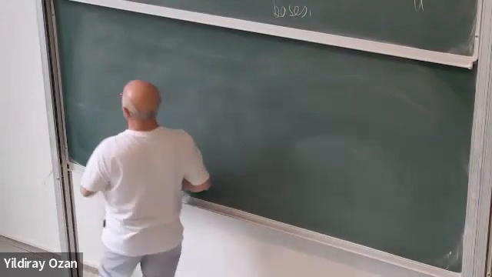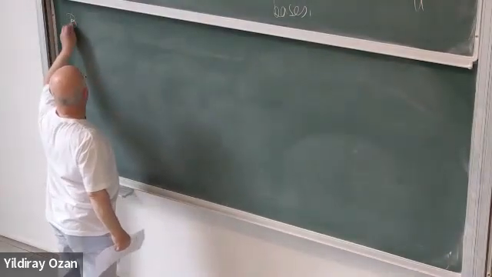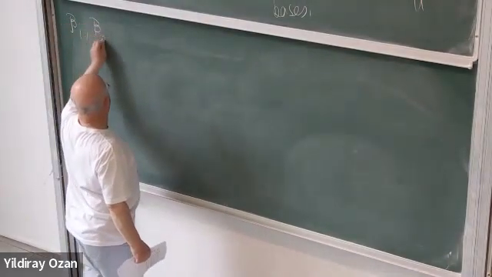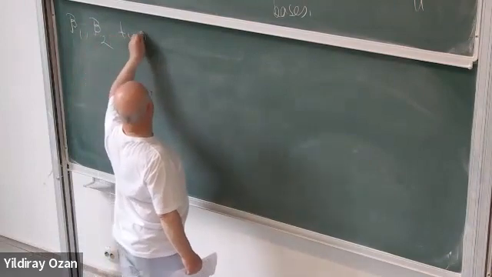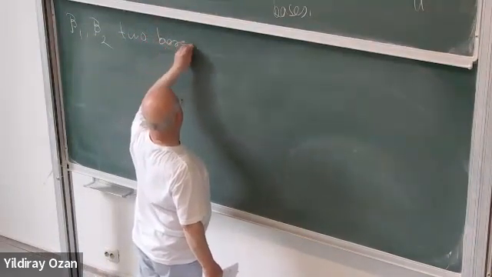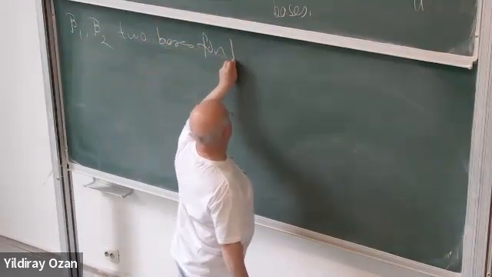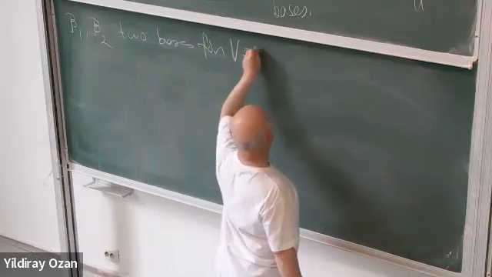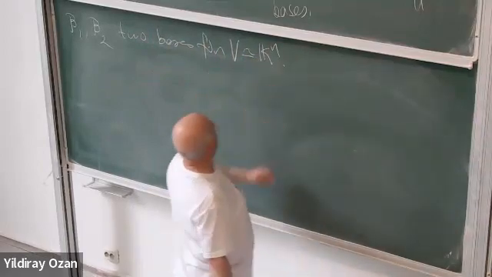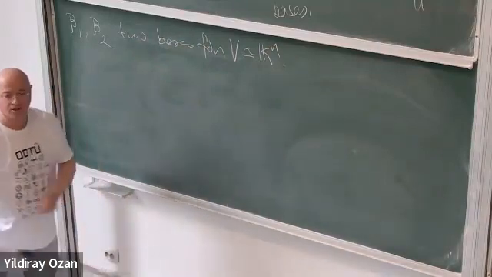So we have two bases for a vector space which is isomorphic to n-dimensional space.